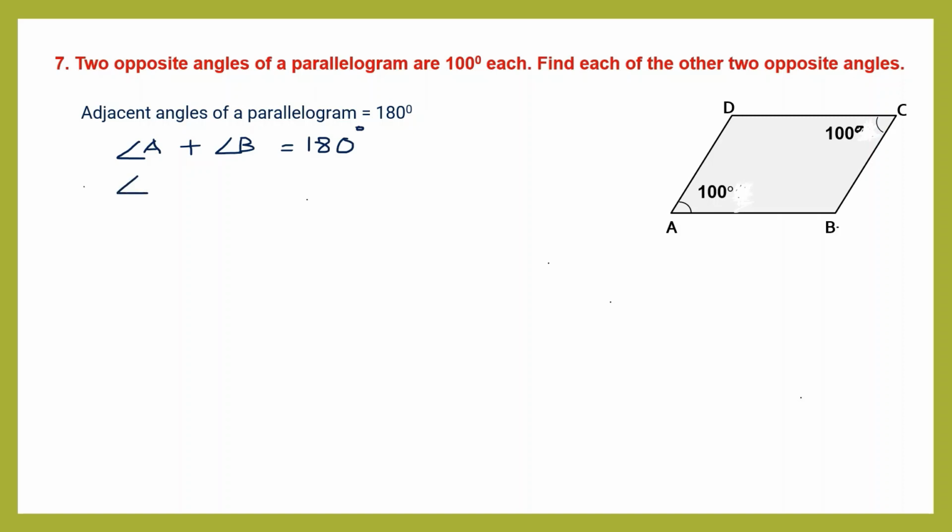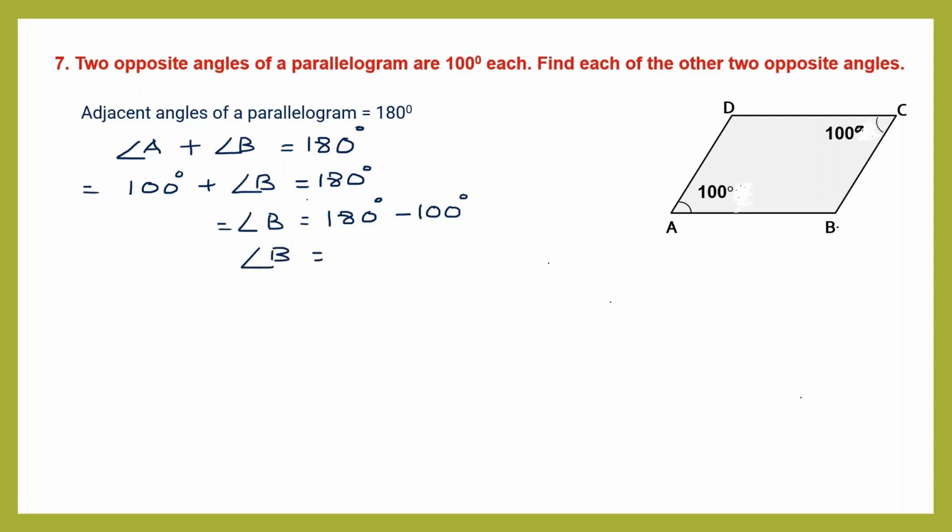And angle A is given to us as 100 degrees. Angle A is 100 plus angle B. Together they should give us 180 degrees. So angle B will be 180 degrees minus 100 degrees. So 180 minus 100 is 80. Therefore, we found out the value of angle B. Angle B is 80 degrees.